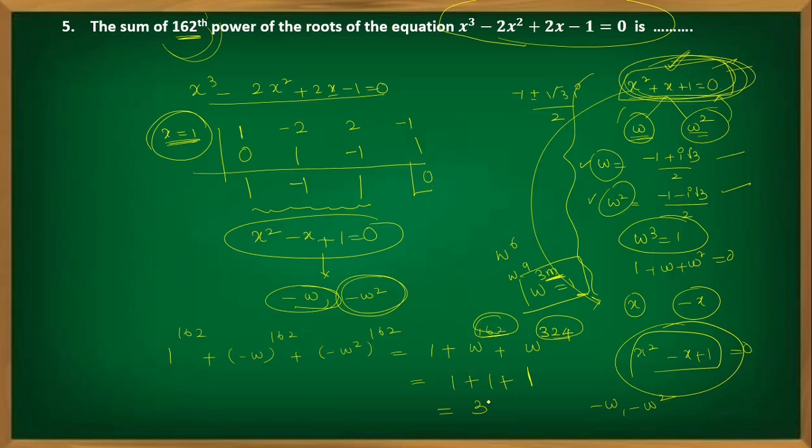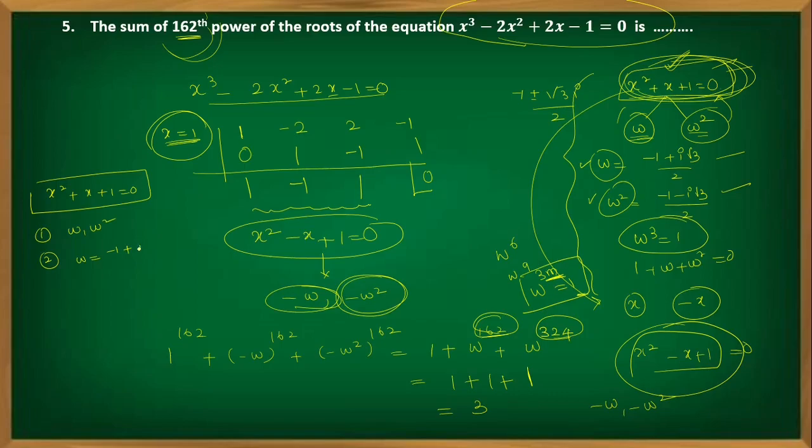Okay, I hope you understood this. So here very important rules I told you about omega and omega square and the equation. So once again I repeat, very important, most of the times questions are framed on this. So x square plus x plus 1 equal to 0 is a special quadratic equation whose roots are omega, omega square, and the values of omega and omega square are what?